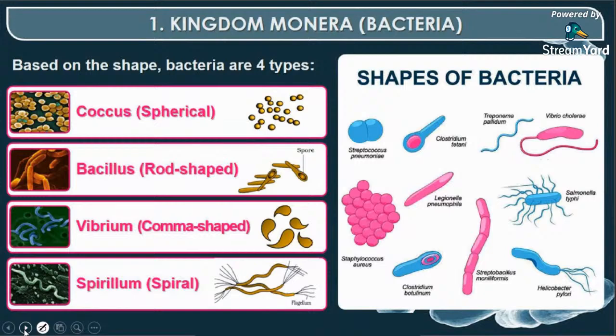Why are they called most abundant? Because the most varieties, most quantities of bacteria can be seen. For example, as we have said, if you take a handful of soil and analyze it under a microscope, you can see a vast variety of bacteria in that. Yes, therefore it is most abundant.